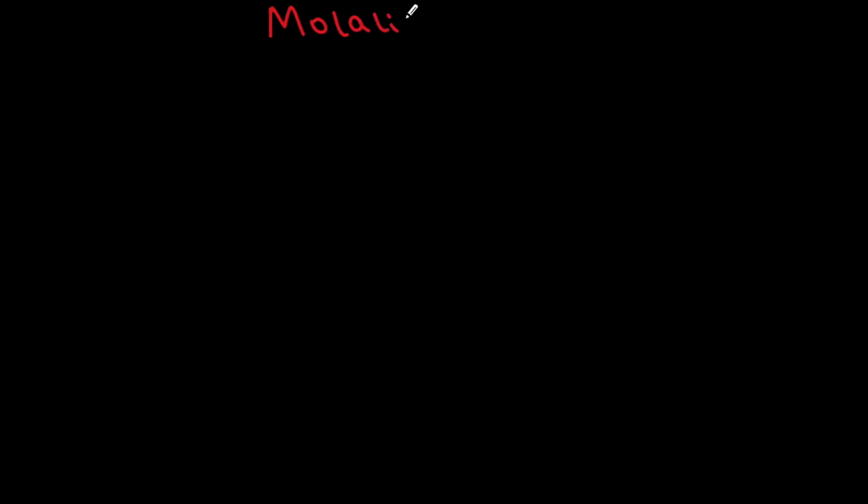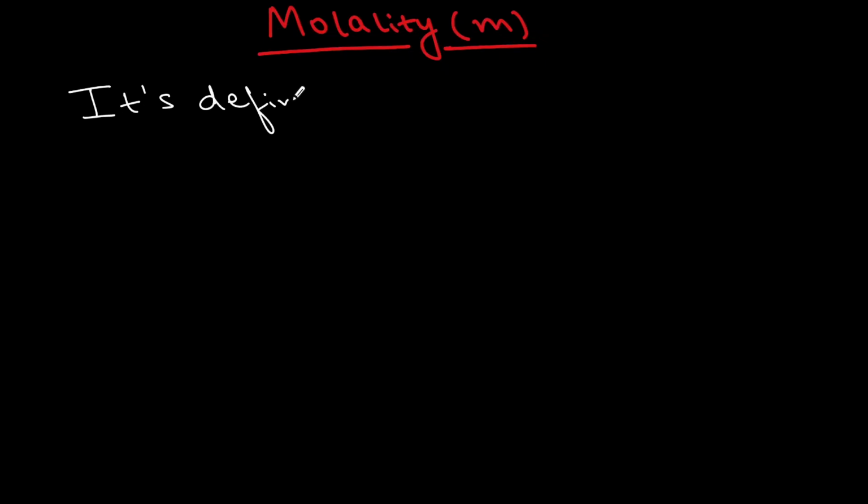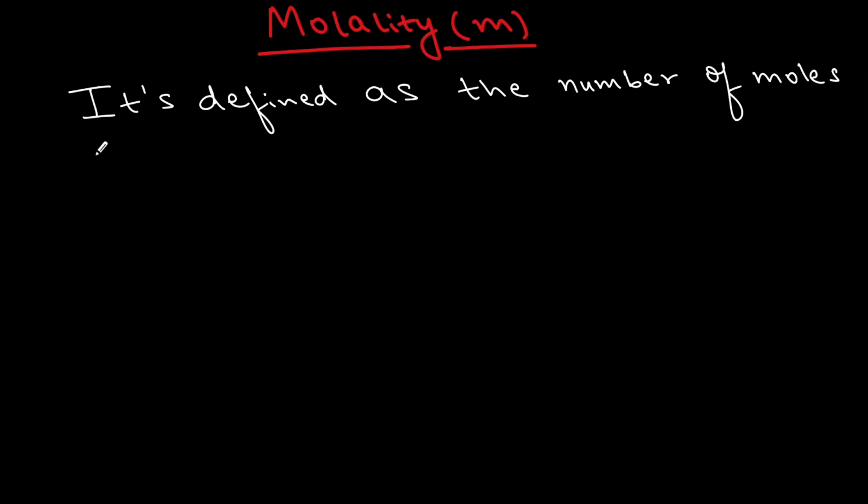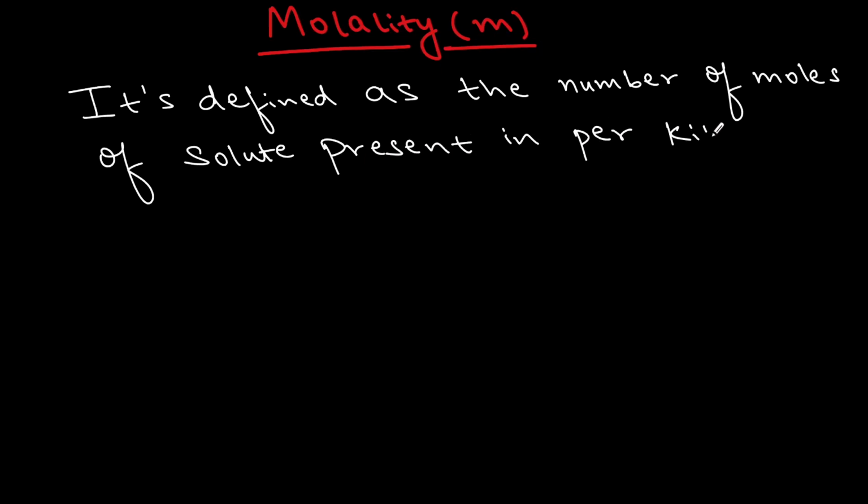Now we'll talk about molality, which is denoted by small m. We'll write the definition that it's defined as the number of moles of solute present in per kilogram of solvent.